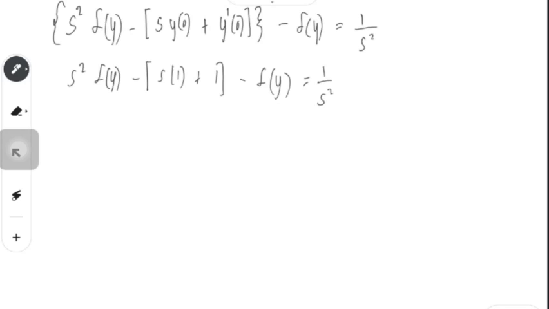Then, group all the terms containing Laplace transform. Ito yung magiging s squared minus 1, common factor yung Laplace transform of y. Then we have here minus the quantity s plus 1 equal to 1 all over s squared.